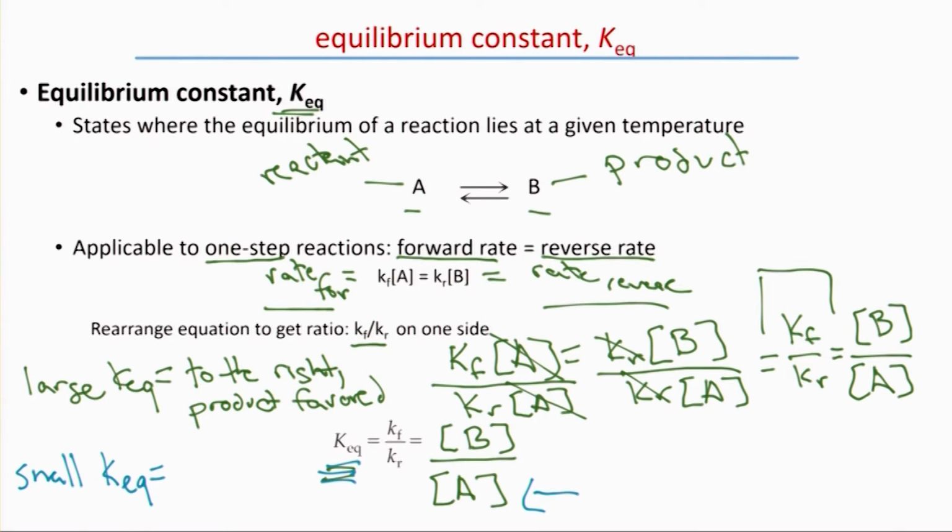A, again, stands for reactants. So if the reactant concentration is larger, you're going to have a small equilibrium constant. So small K equilibrium, the reaction lies to the left and is reactant favored.